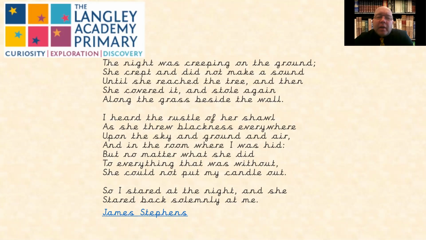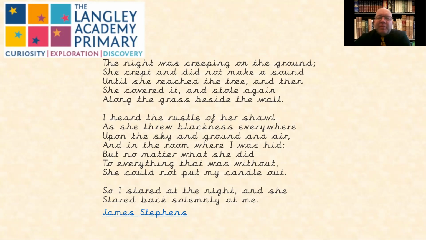Okay. Now, first of all, we need to identify what that poem is about. Well, it's actually evening time. It's the start of night. So nighttime starting to swallow up the world around it, as the sun disappears and that shadow of nighttime starts to creep across the ground.